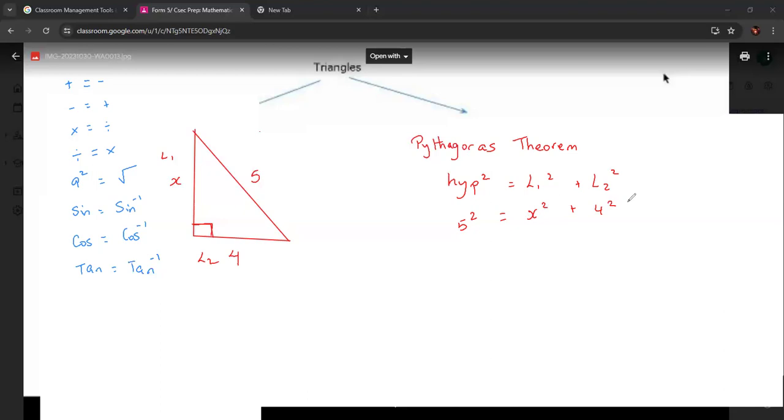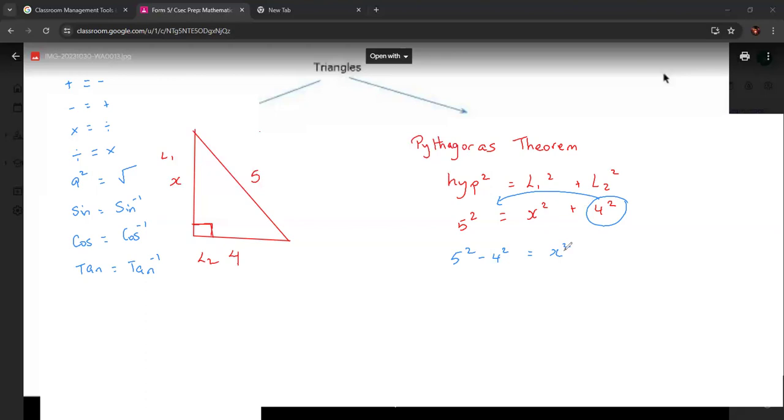So I'm going to start by carrying this 4 squared across. Now that 4 squared was adding, so when I bring it across, it becomes minusing. So it becomes x squared is equal to 5 squared minus 4 squared.